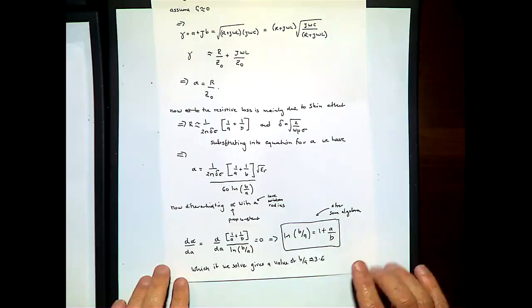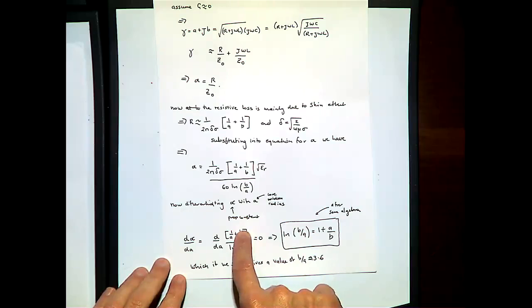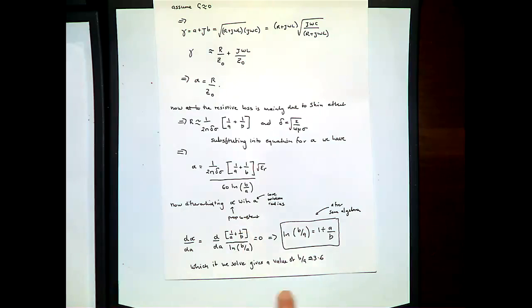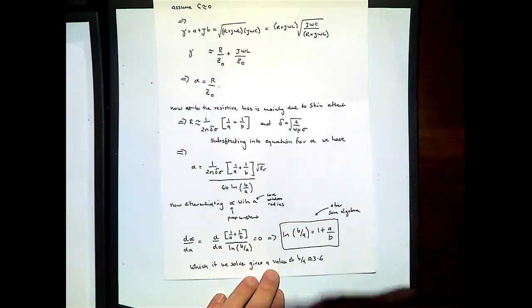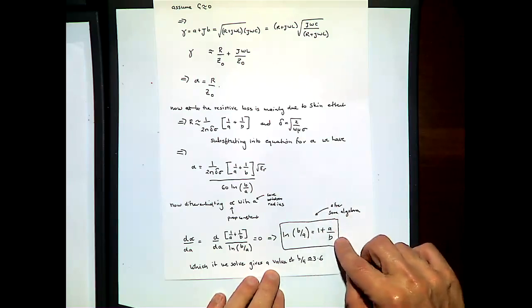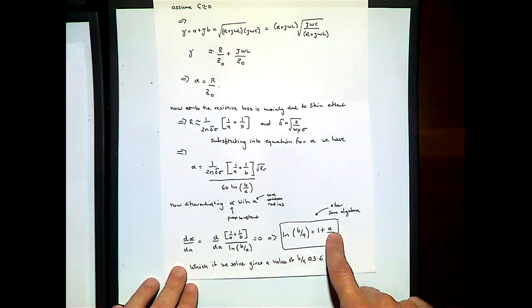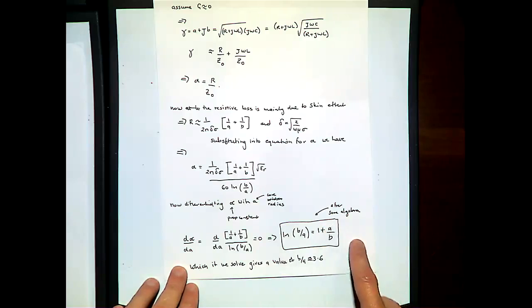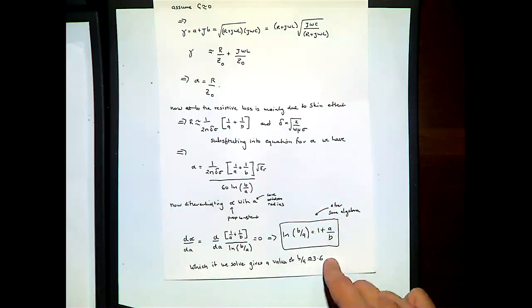What you can show is that this equation has a minimum loss when the natural log, log base e, of b on a equals 1 plus a on b. If you solve this nonlinear equation, you find the solution is b on a equal to 3.6.